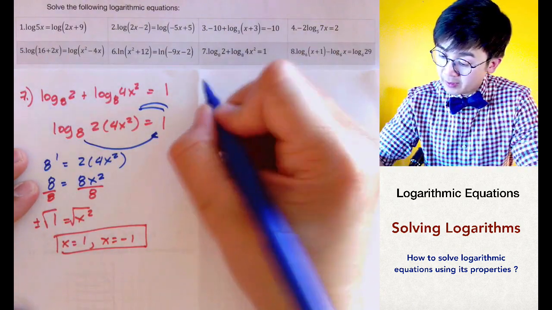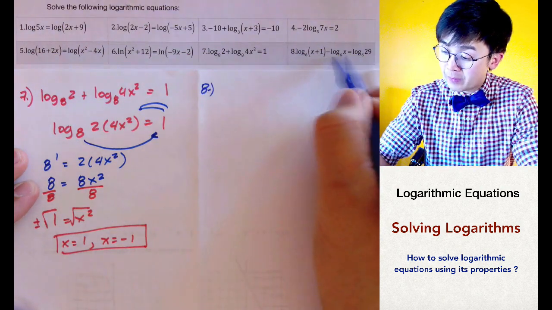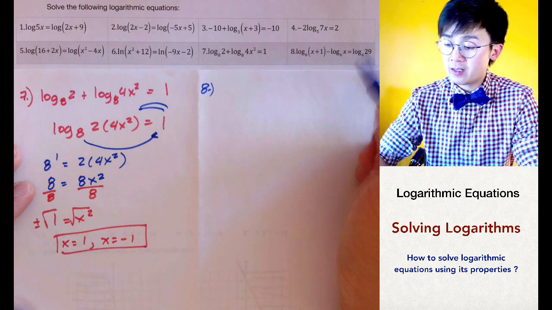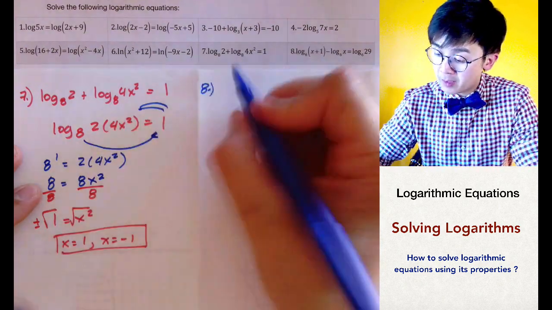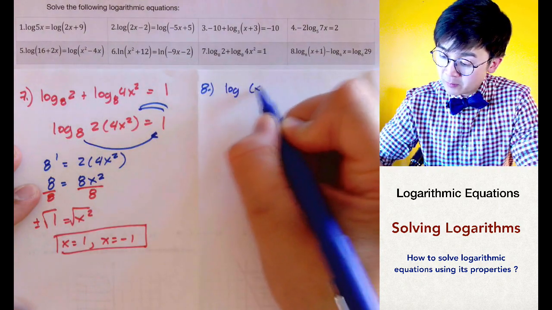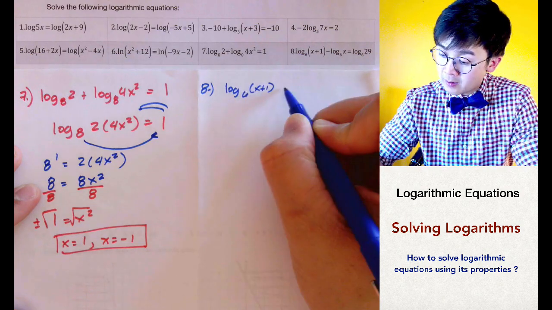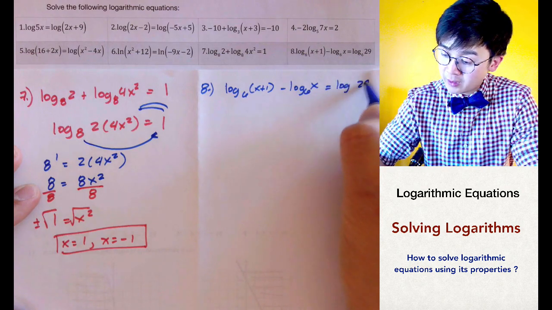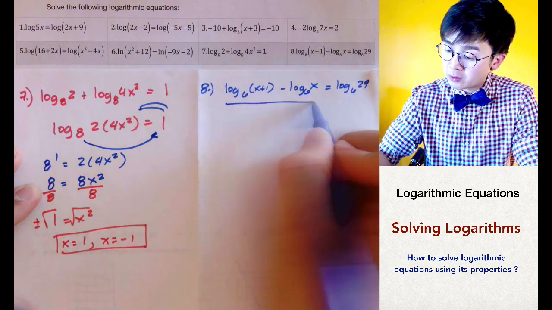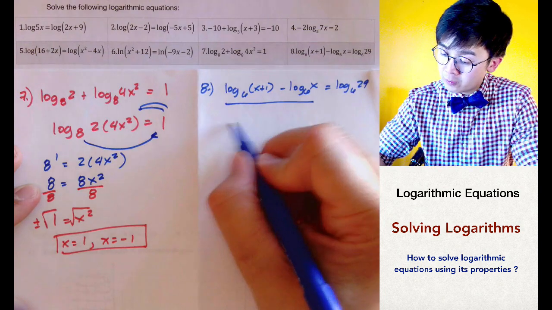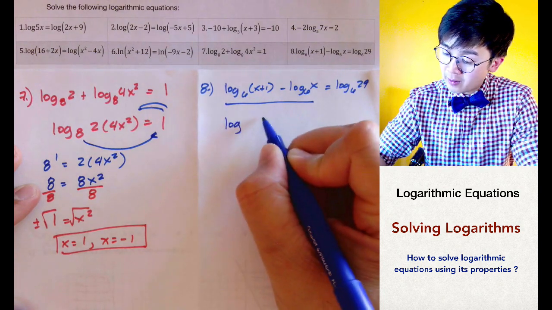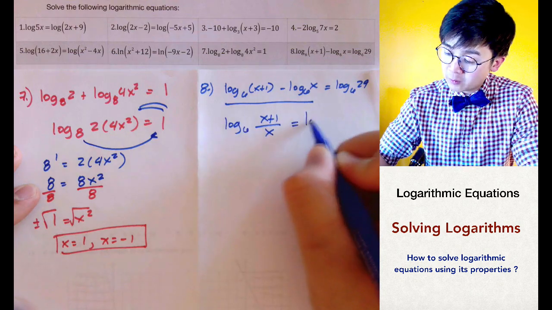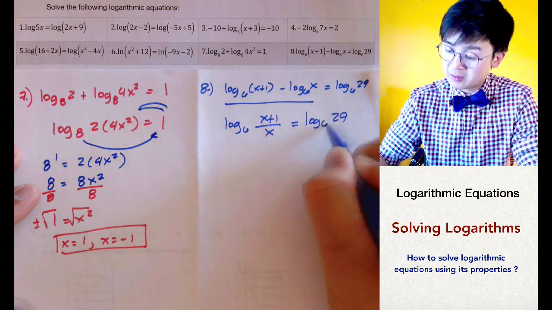So sa number 8, papansin nyo na meron tayong minus at ang gagawin natin is gagamitan ulit natin siya ng properties of logarithm. So since I have log of x plus 1 base 6 minus log of x base 6 equals log of 29 base 6, pwede ko tong simplify into log of x plus 1 all over x base 6 equals log of 29 base 6.